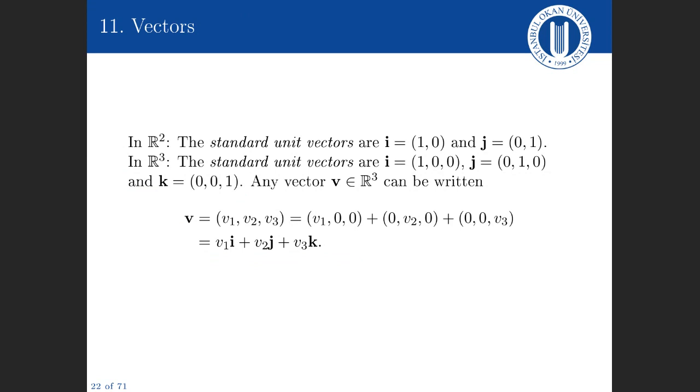In other words, two different ways to write the same vector. We could use brackets (v1, v2, v3), or we could write v1 i plus v2 j plus v3 k. You will see today and next week that sometimes I use the first form, sometimes I use the second form.